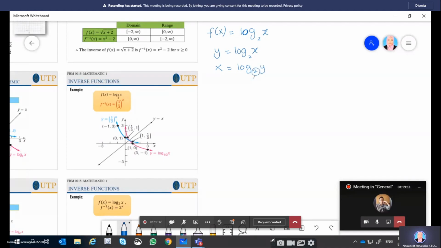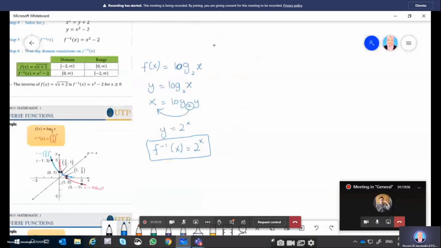So for this one, you have to use the log law: x equals log base 2 of y, so y equals 2 to the power of x. So y is f inverse of x, equals 2 to the power of x. This is your f inverse. Next, you have to find the domain and range for f(x) and f inverse(x).